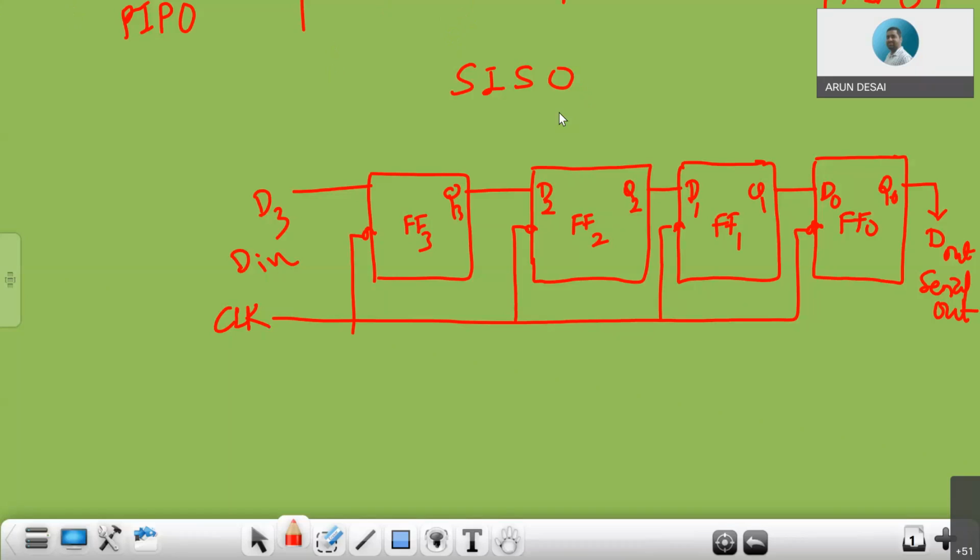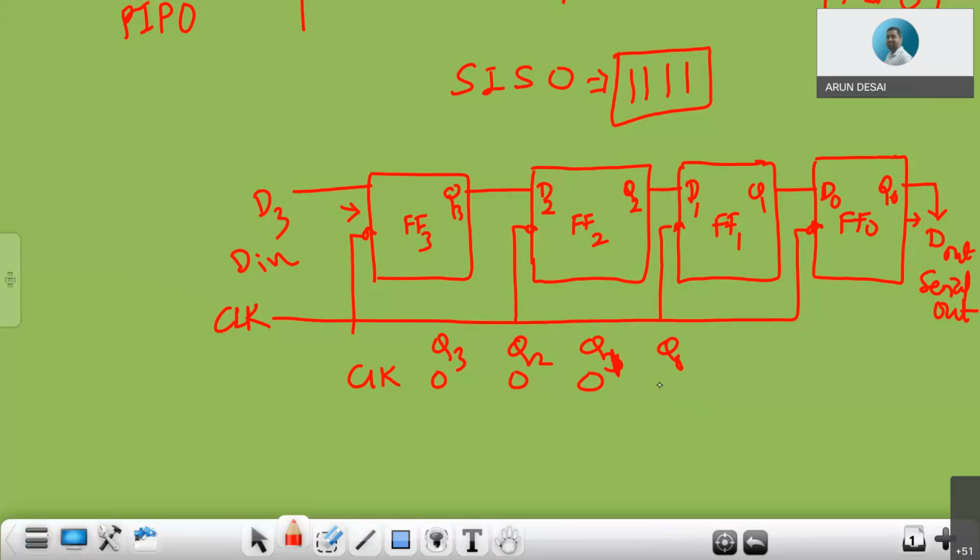So data goes in serially this way, and we get data out this way, right? So how does this actually work? Suppose these are my outputs Q3, Q2, Q1 and Q0. If I want to store 1111 inside those flip-flops, how is it entered? Initially, all of them are 0000, right?